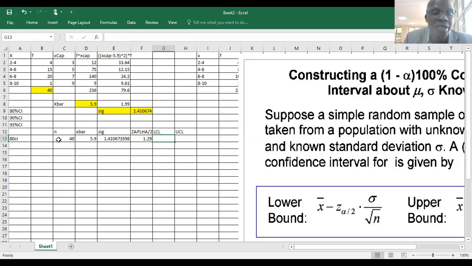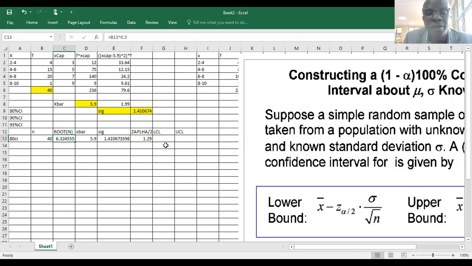I want to get the square root of n first, so that it also becomes a constant. Root n can go anywhere. The square root of n is about 6 point that.